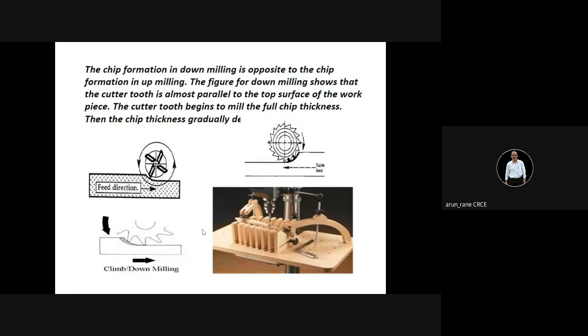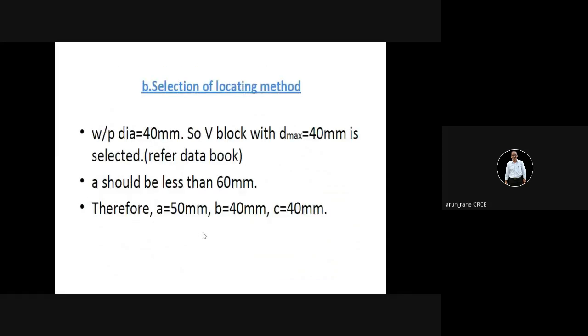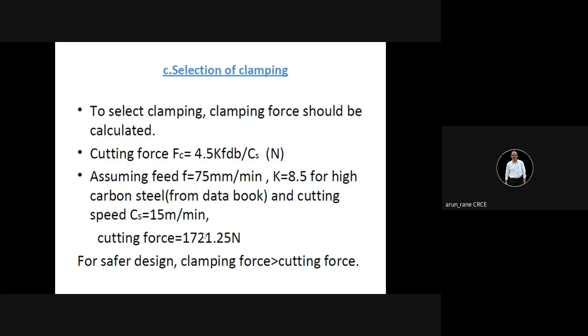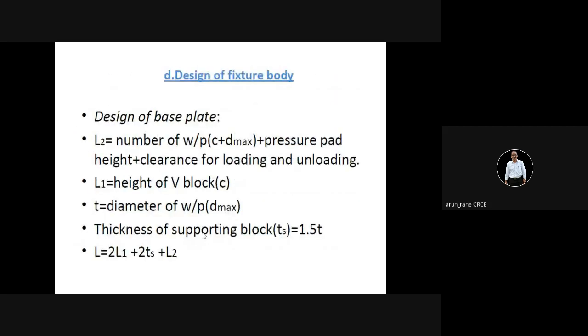If it is up milling, then your clamping should be strong. If it is down milling, then clamping need not be very strong, because during the machining itself, the cutter tends to press the workpiece.